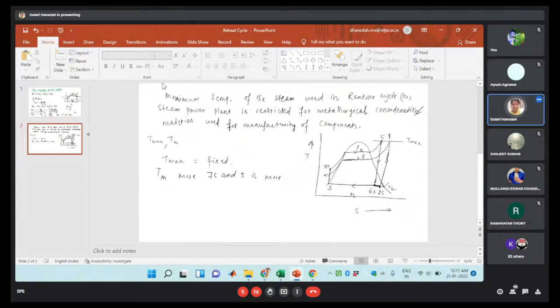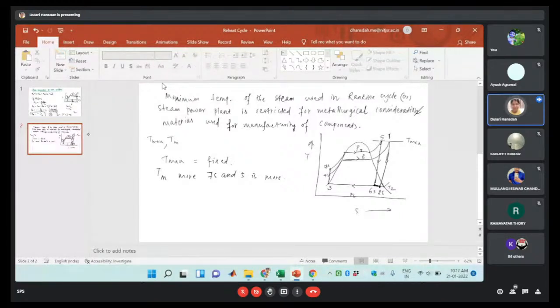So the turbine inlet pressure will also increase in this case. This is the turbine stage. Here the pressure will increase to the P2 pressure. So the ideal expansion process will shift slightly to the left-hand side. Initially, with the P1 pressure, your expansion is done up to this position.